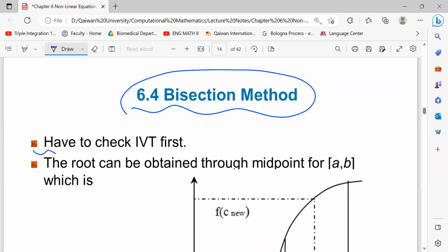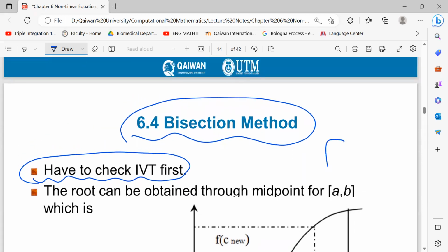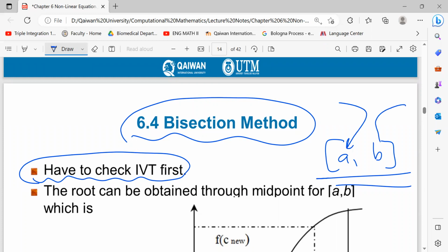Here, we need to check the intermediate value theorem first. That means we must have an interval which includes a solution for the function. So we must have an interval AB such that f of A times f of B is less than 0.